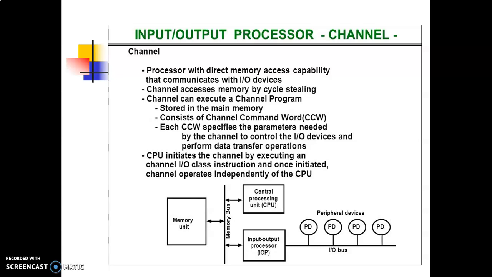The CPU usually assigns the task of initiating the input-output program. So the input-output processor operates independent of the CPU and continues to transfer data from external devices, these are the external devices, to and from memory basically. Okay.